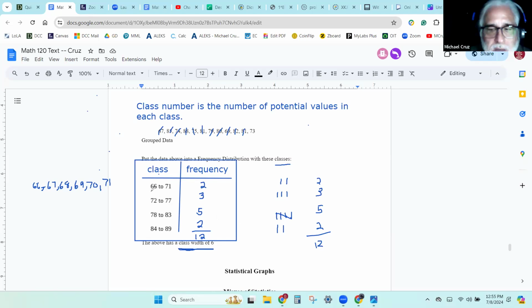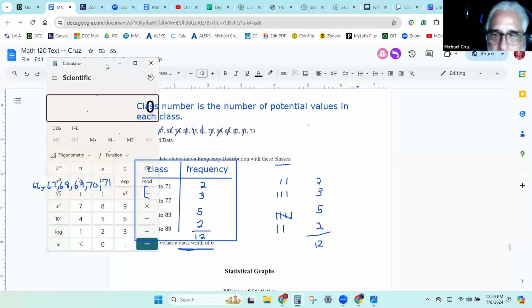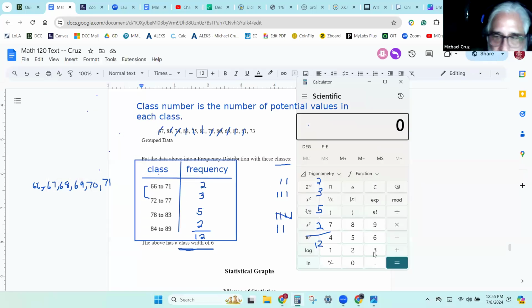Another way to determine those classes is to subtract, or no, I hate to use the word subtract, but it's the difference between any two classes. So if we take 72, and then subtract the one above it, we got 6.